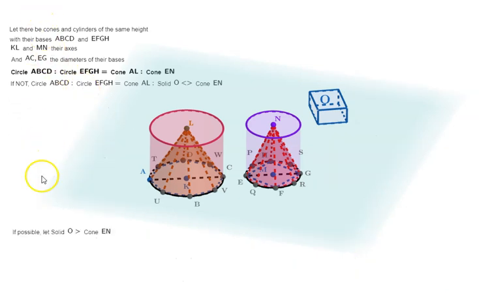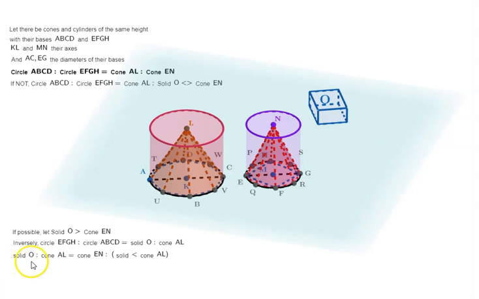If possible, let solid O be greater than cone EN. So inversely we can say circle EFGH is to circle ABCD as solid O is to cone AL.